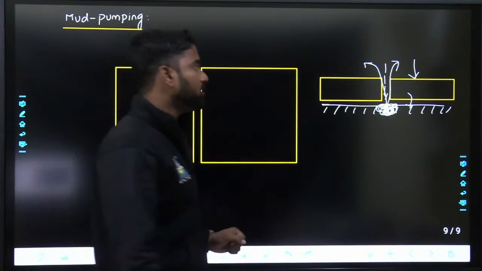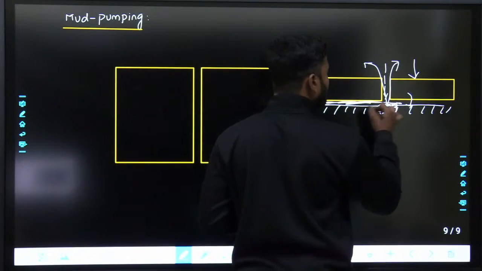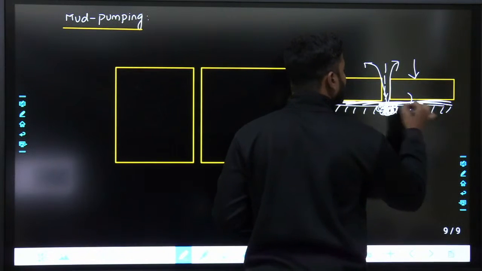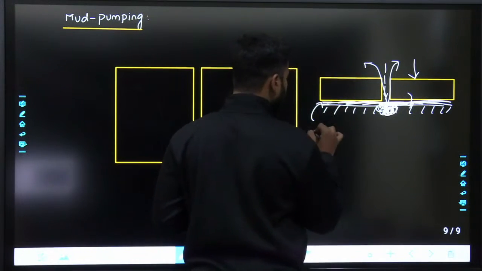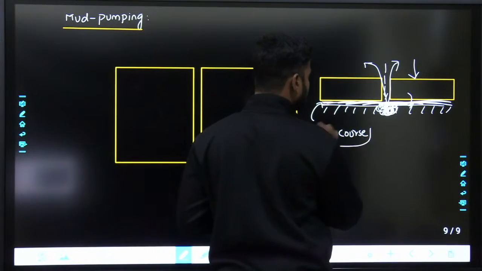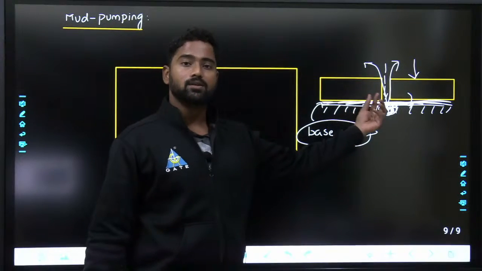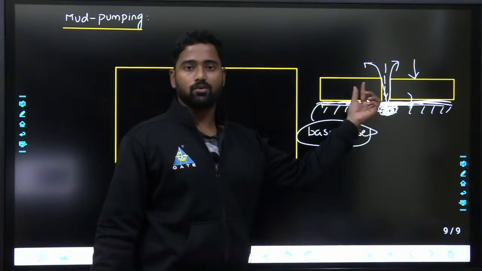In order to prevent this, we will provide a base course. The base course or sub base course is generally made up of both sand and gravel, so fine aggregates and coarse aggregates.